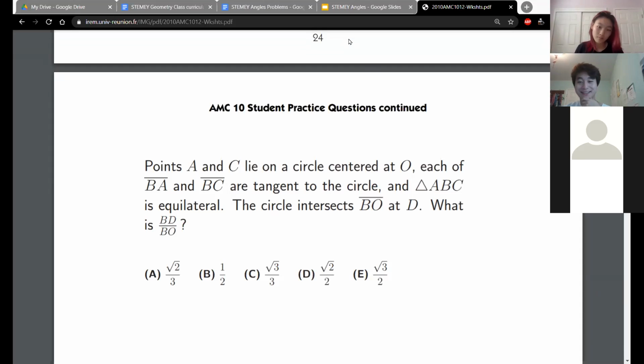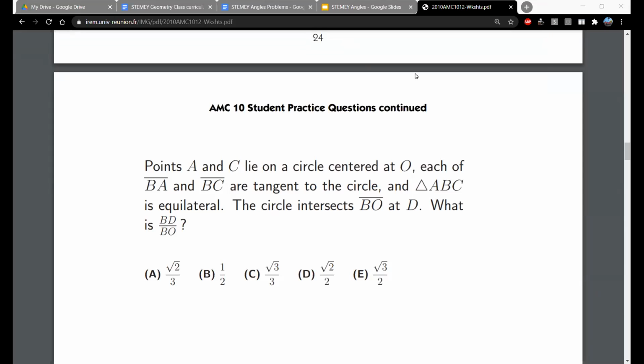We're doing it on paper now. Okay, that's good. We're using variables for that one.